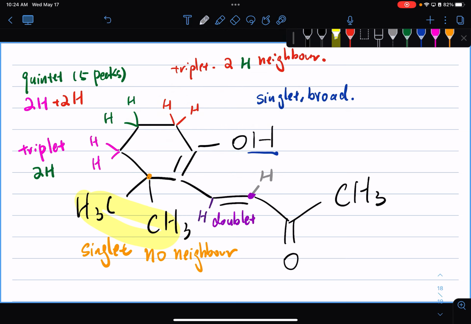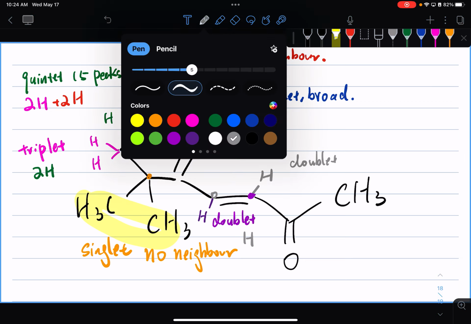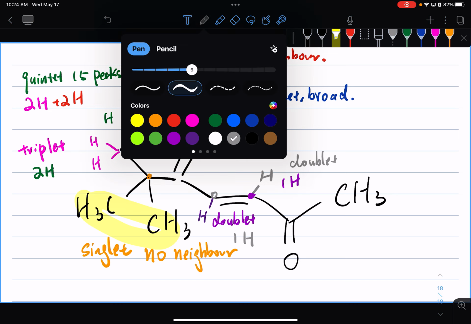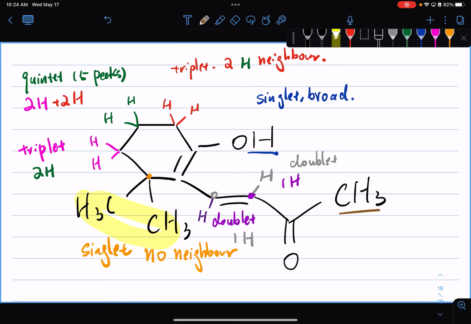The gray one at the same time has one neighbor, which is the purple one. So it is a doublet. All right. And at the end, we have this CH3 group here, where it doesn't have any neighboring hydrogen. So this one will be a singlet.